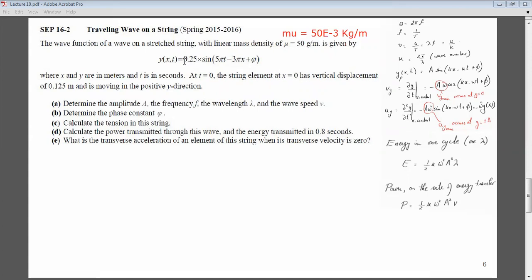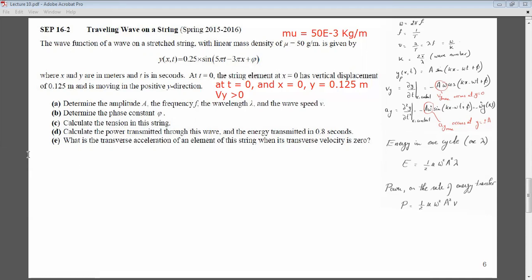It is given by y equals 0.25 sine of 5 pi t minus 3 pi x plus pi, where x and y are in meters and t is in seconds. At t equals 0, the string element at x equals 0 has a vertical displacement of 0.125 meter and is moving in the positive direction, which implies Vy is positive. So this is given.